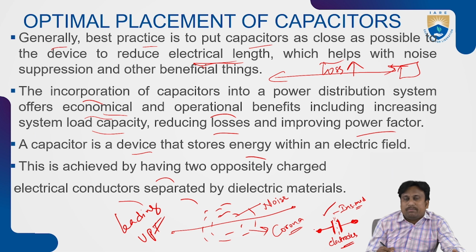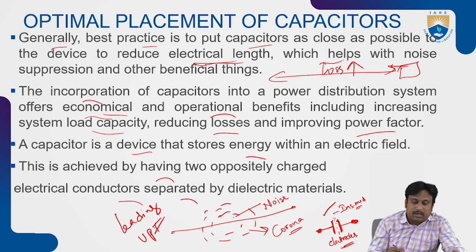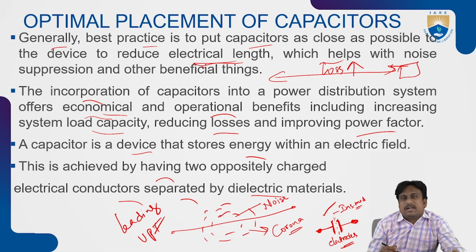In bulk applications, we will treat a bunch of capacitors connected in series or parallel, so that the bunch of capacitors gives leading power factors. The medium should be chosen according to the given application, and based on that, the selection of capacitors is to be done.